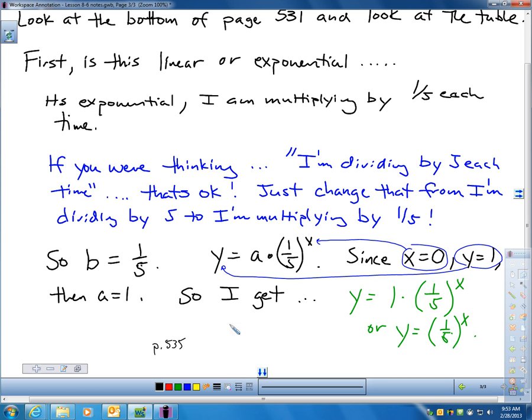Tell me if the table's exponential, then write a rule. Same kind of problems that we did back in 8.5. They're going to have you graph exponential decay functions in 7 to 18. You're going to identify the domain and range. Again, same kind of stuff we did back in 8.5.